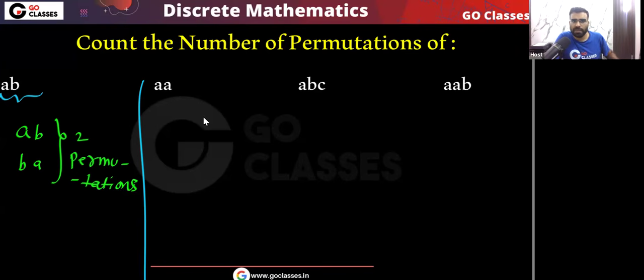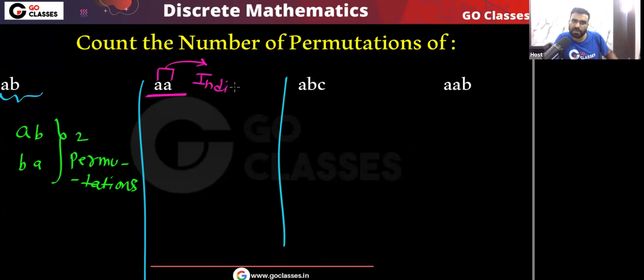So very easy. And what about this AA? How many permutations will be there? When you have repeated elements, here we have repeated elements, right? AA, these are the same. These two A's are basically the same A's, or I can say these are indistinguishable. This is the word we can use, indistinguishable A's.